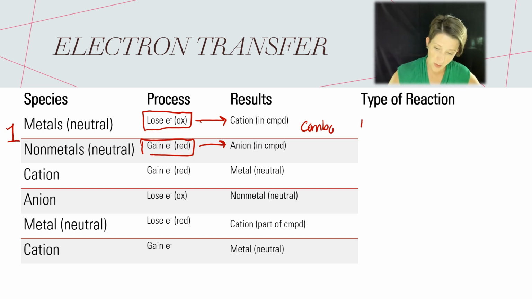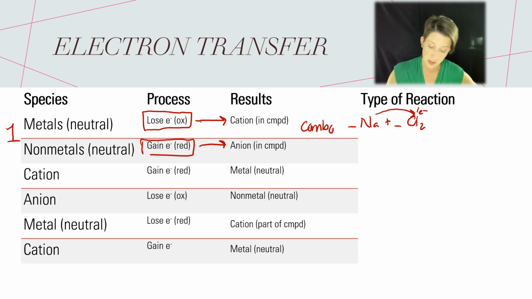So if we have sodium and chlorine, sodium being pure is going to give up one electron to the chlorine. So in the formula, sodium has lost one electron and the chlorine has gained that electron.